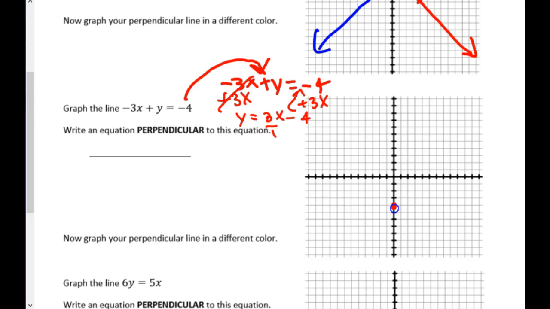If I rise 3, which direction is that? Up, and then I run 1, which is to the right. Always run to the right; you rise either up or down depending on the sign. So rise 3, run 1: 1, 2, 3 over 1. Y'all can use your straight edges to make a nice line. Mine will be not so nice because I'm doing this by hand.